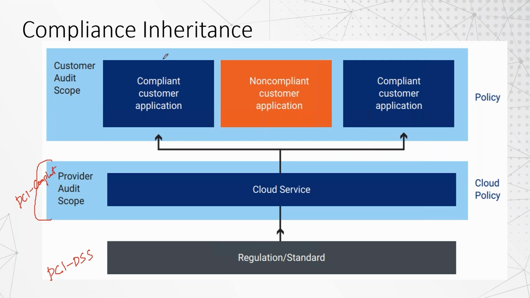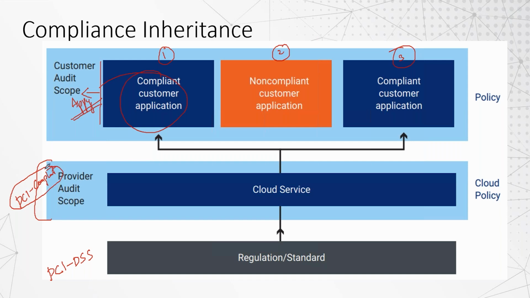Now, this is your company, this is another company, and this is another company. In your company, you have made everything properly PCI DSS compliant. When you apply for PCI DSS compliance, those things which you cannot control or configure, as the provider is already certified, you can skip.